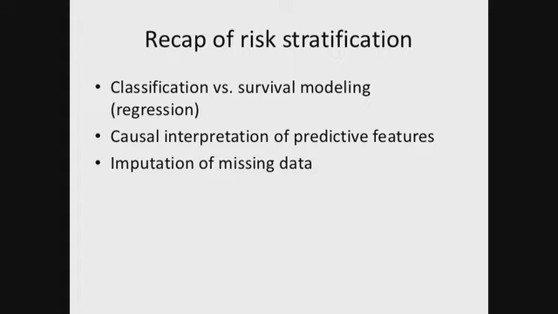We've talked about two approaches for formalizing risk stratification. First as binary classification, second as regression. And in the regression framework, one has to think about censoring, which is why we call it survival modeling.